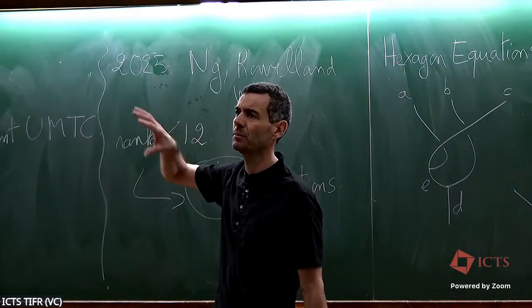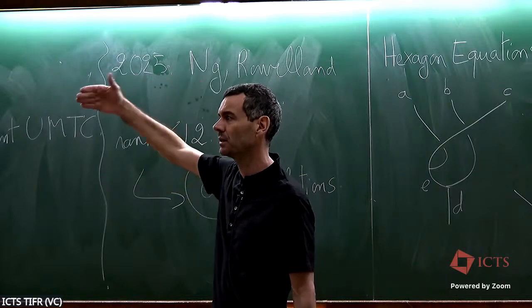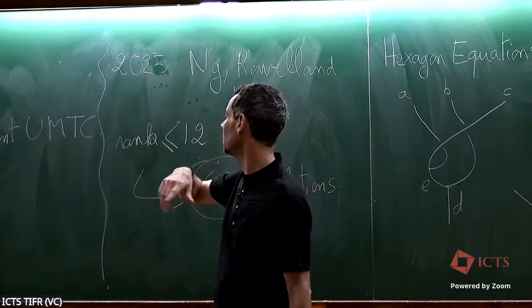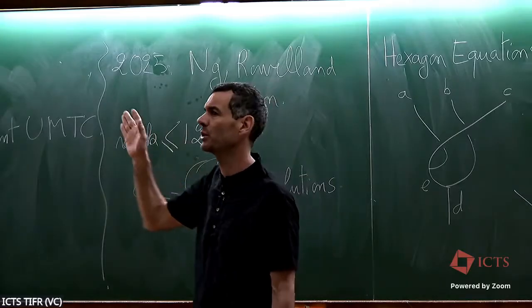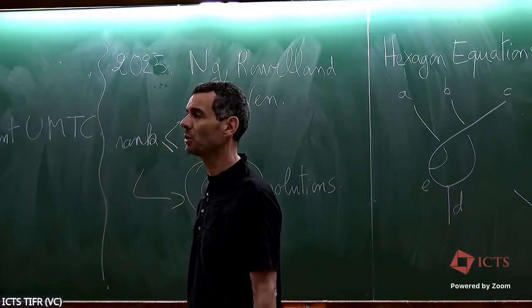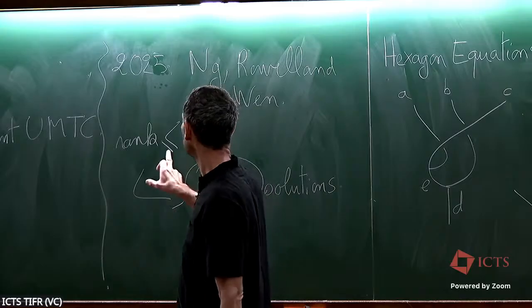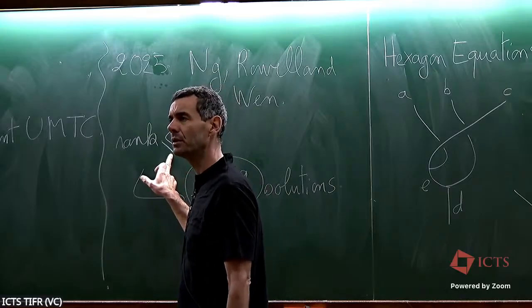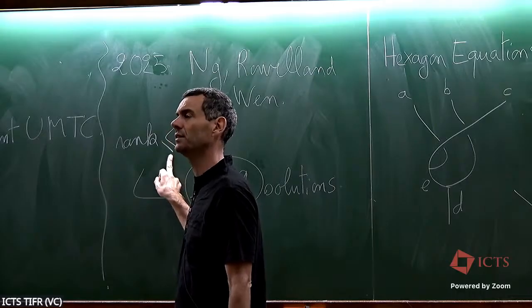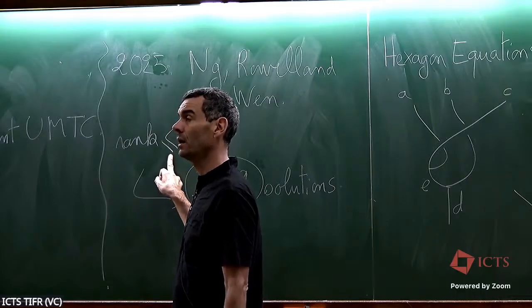They give the table for rank 3, rank 4, and so on, up to rank 12. And you can see that the number of solutions for rank, I don't know, rank 10 might be lower than the number of solutions for rank 7 or something like that. Okay. So what is clear is that if n is a prime number, you will certainly have fewer solutions than if it's not a prime number.